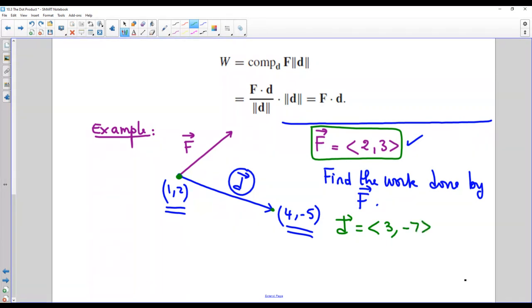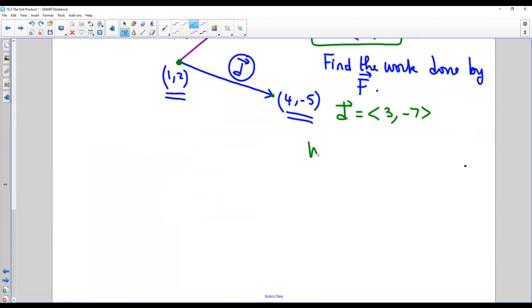Now we can say that the work done, this time, I will just use the dot product of the two vectors. That's it. So this will give us the work done. So it's 2, 3 dot product with the vector 3, minus 7. And this dot product is easy to calculate.